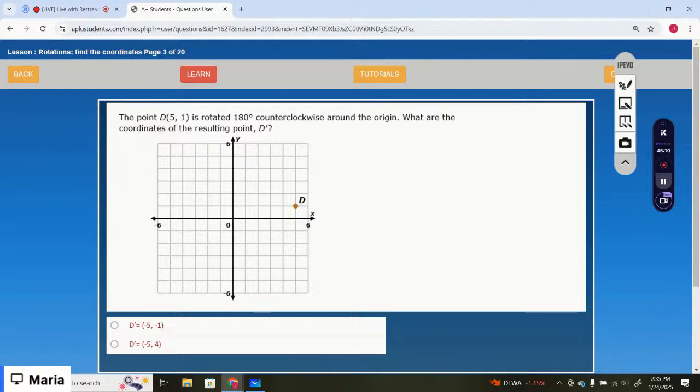The point D 5, 1 is rotated 180-degree counterclockwise around the origin. What are the coordinates of the resulting point D dash?